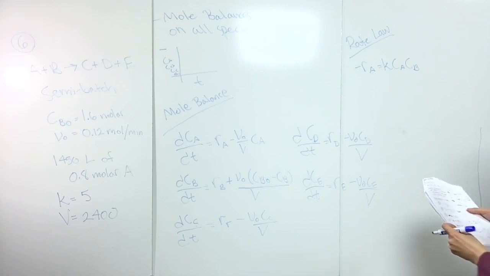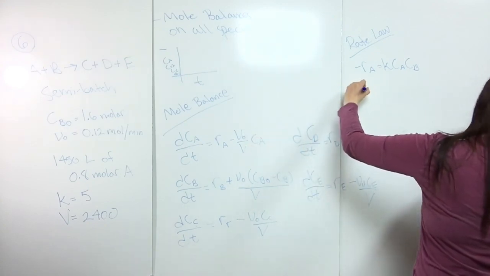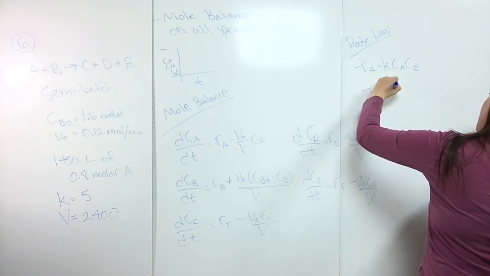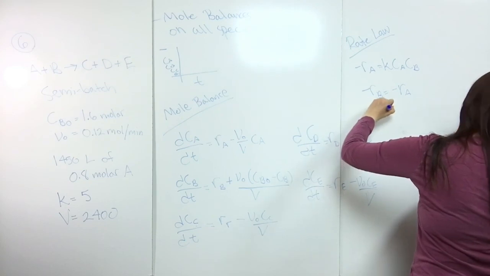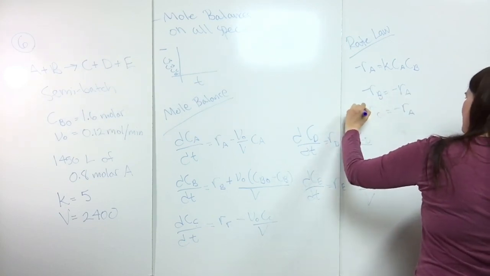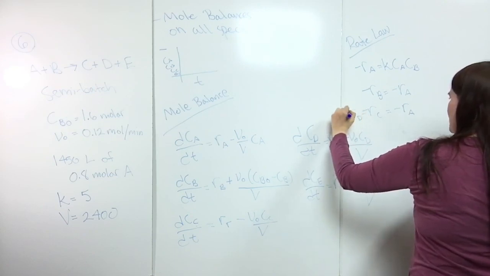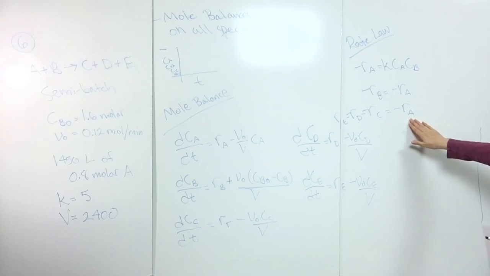And then I said, using stoichiometry, we know that minus RB is equal to minus RA, RC is equal to minus RA, and RD and RE are also equal to minus RA.